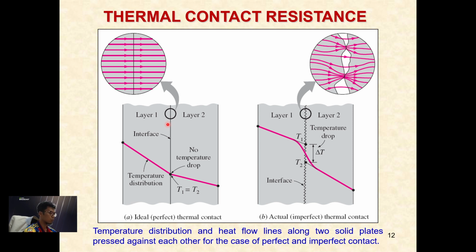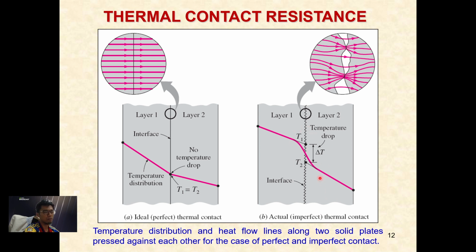But in the actual situation, you can just draw it. When you press two surfaces of material together, there must be non-contact. There must be air trapped in the middle, like this. So we call this imperfect thermal contact.